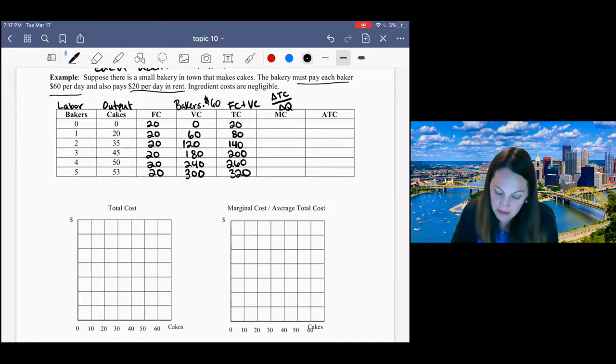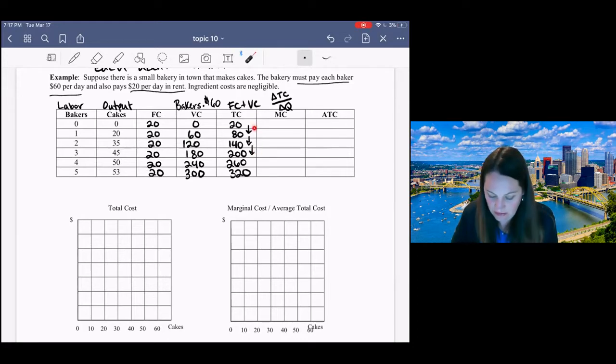So the numerator here, okay, change in total cost. And if I look at, right, increasing production from 0 bakers to 1 baker, or 1 baker to 2 bakers, right, my total cost as I move down this table from one row to the next is always going to be $60, right?